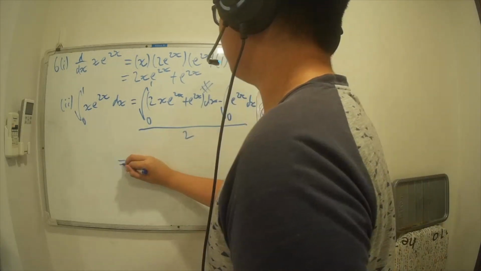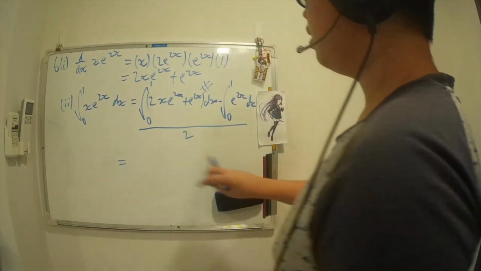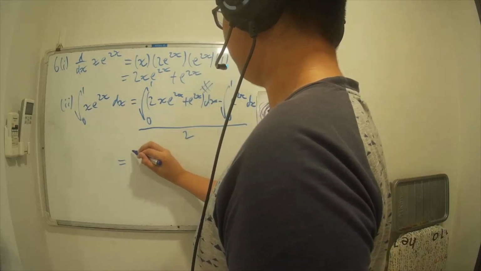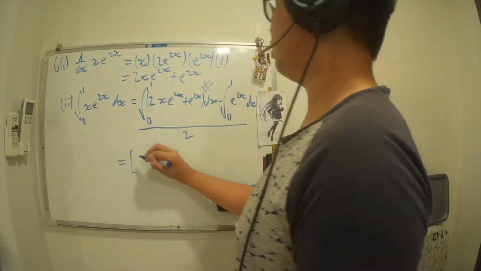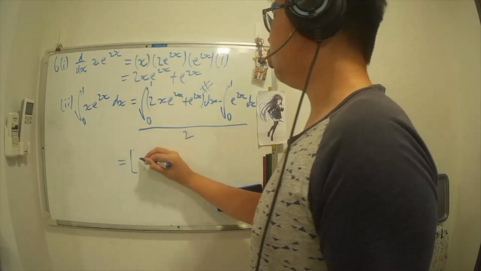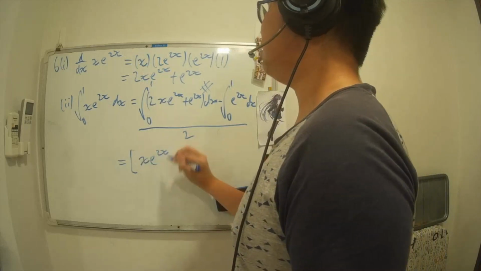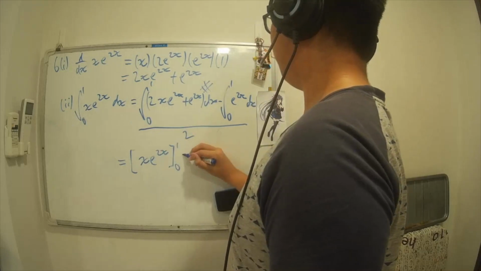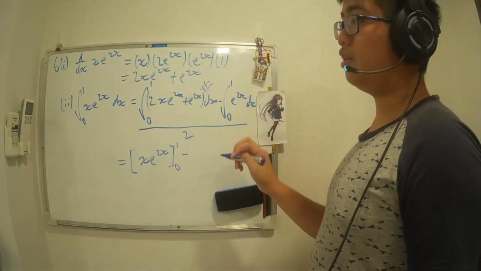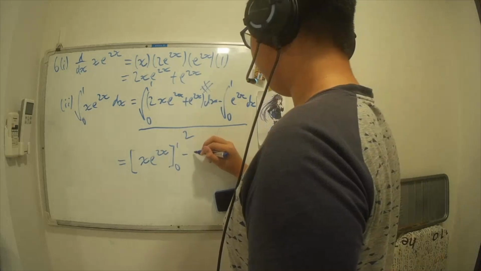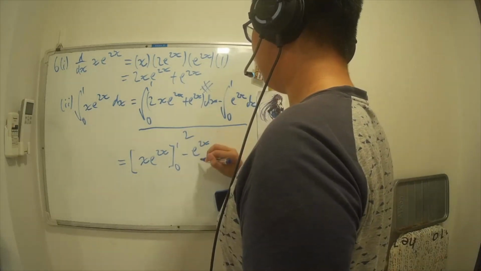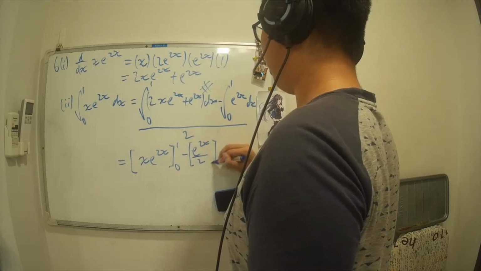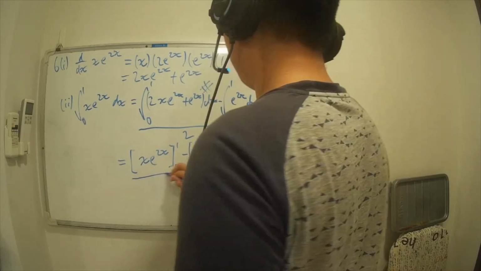And this is equal to, let's see, this will just be x e to the 2x, which I don't need to write the plus c because this is a definite integral. Minus then the integral of this. This one will divide by 2, so we have e to the 2x over 2, going from 0 to 1, all over 2.